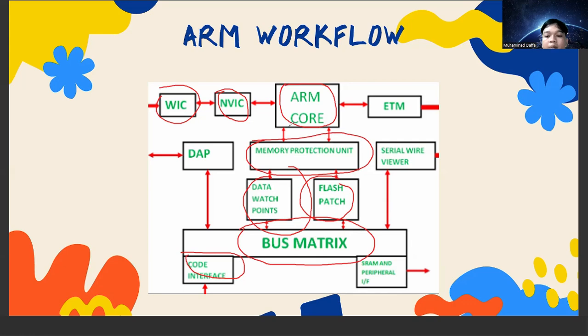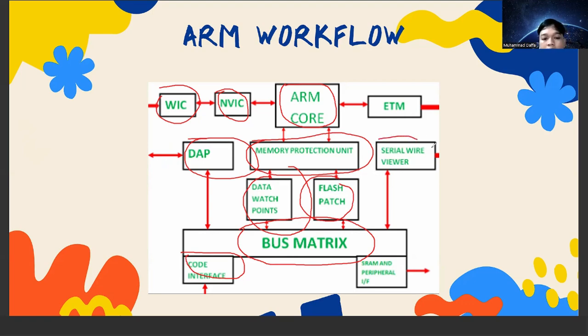The DAP, or debug access port, provides an external path for entering debugging instructions and retrieving data from the ARM core for analysis.